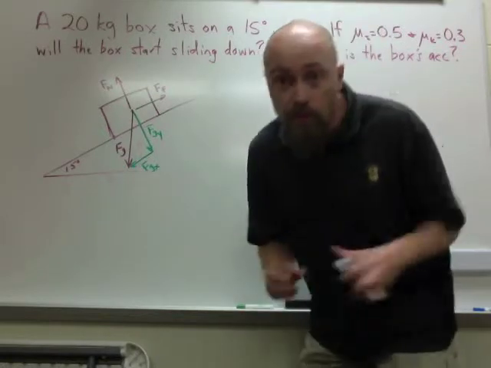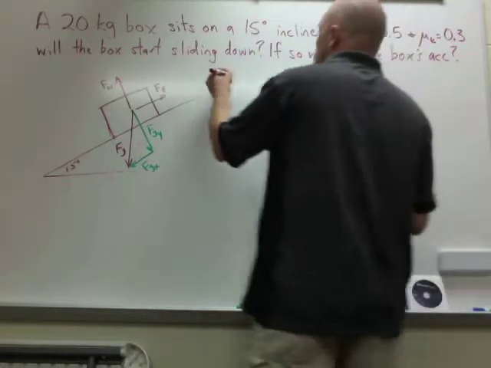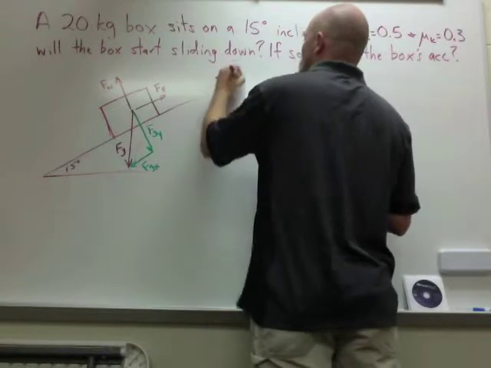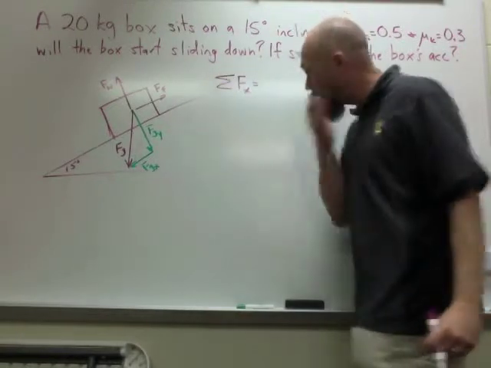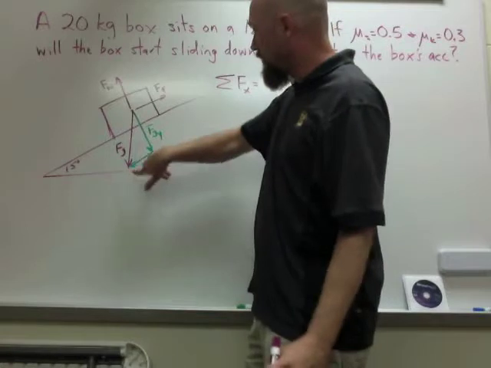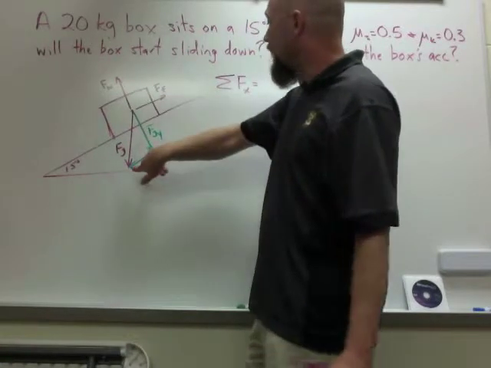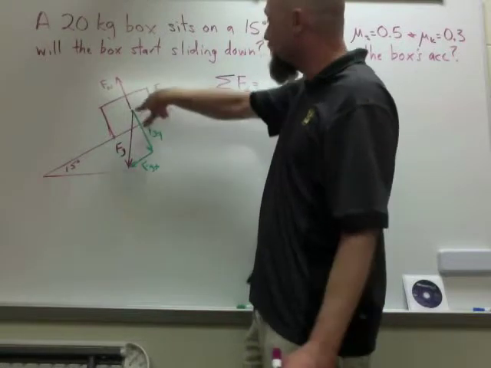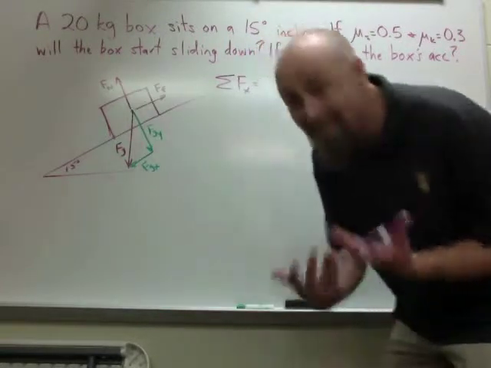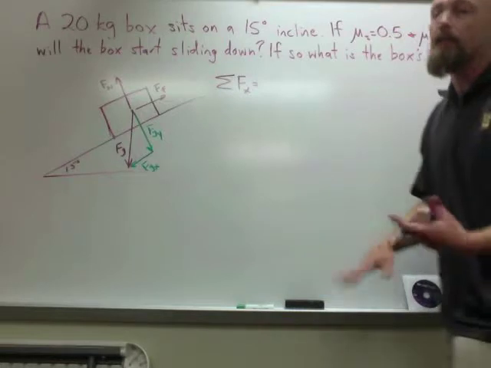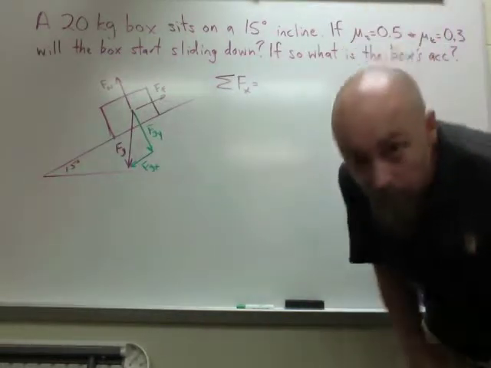Second step, as always, is to write your equation. So the sum of Fx is going to be, well, horizontal, I have this one and I have this one. So I'm going to go this minus this. If you're not sure, you have to guess. If you guess right, at the end your acceleration is going to be positive.